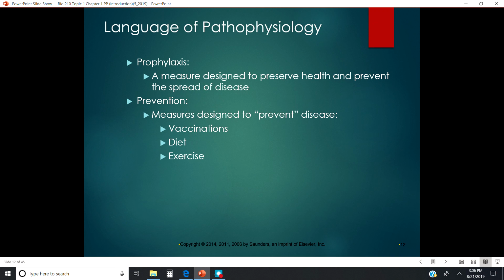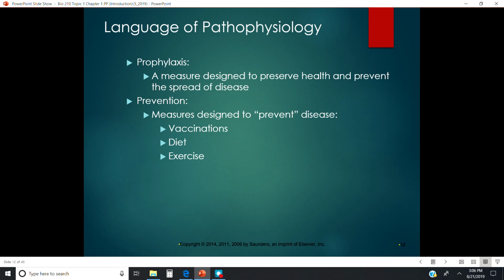Human papillomavirus. There's a bunch of them. So that would be an example of prophylaxis. I think the book gave an example of somebody taking an aspirin a day for coronary artery disease.